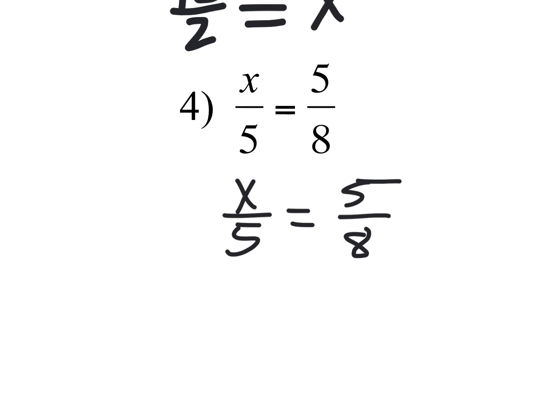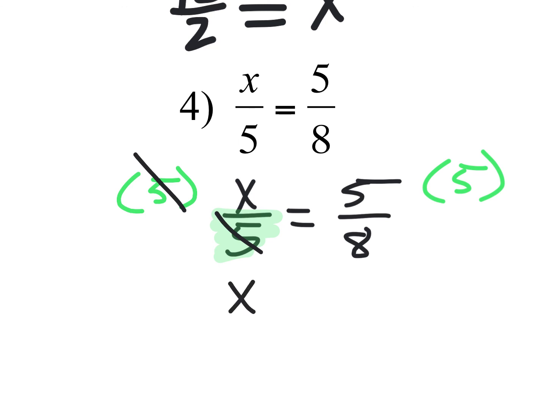Okay, so number 4, there's no flipping, nothing to do like that. We've got dividing by 5, which we need to cancel out by multiplying both sides by 5. So that is going to cancel. That is going to leave me with an x. And of course, if I do it on one side, I have to do it on the other side.